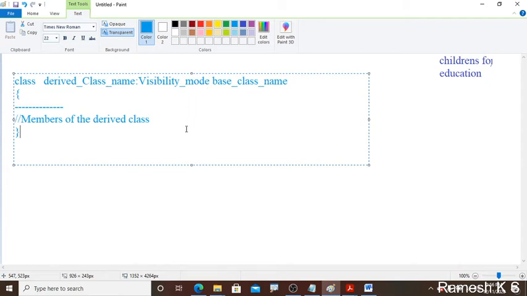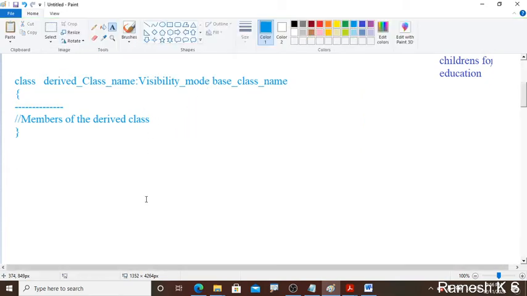Here class is a keyword. Again, derived class name is the name of the derived class; give the name of the derived class here. Now visibility mode: specify the visibility like public, private or protected.